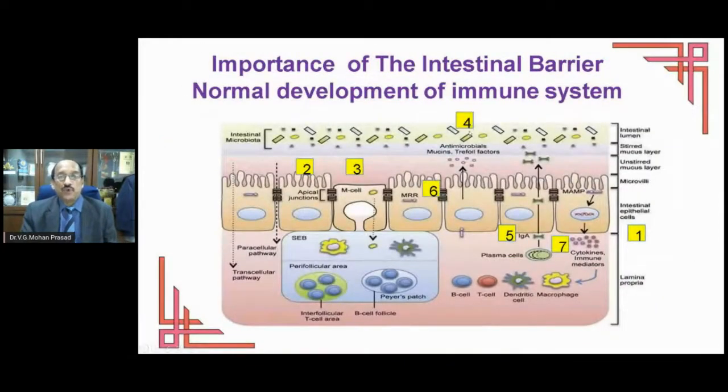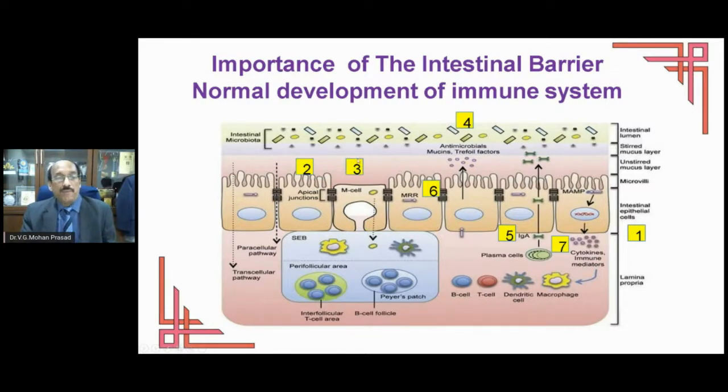This is the most important slide, which is the gut mucosal barrier. The intestinal barrier is important in the normal development of the immune system. You see here the intestinal lumen. You have a stirred mucus layer, and then an unstirred mucus layer. This unstirred mucus layer protects the intestinal epithelial cells.